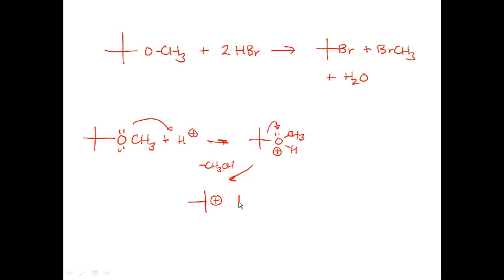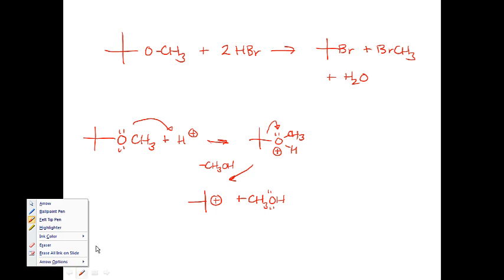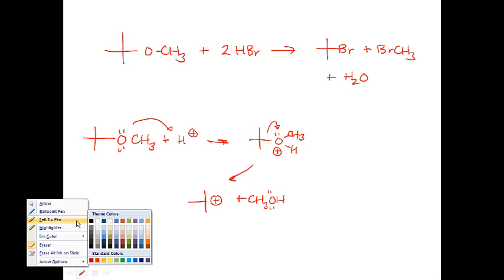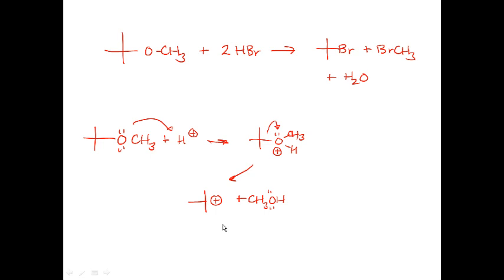So I should probably write down here CH3OH is the product and not have it be lost. So then what would happen? Well, then my Br minus would come in and attack that carbocation to form the tertiary butyl bromide. What would happen with the CH3OH?